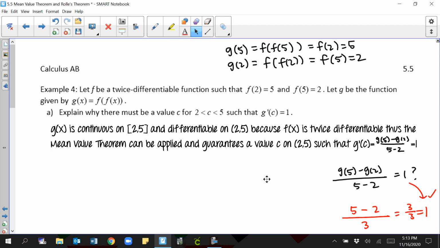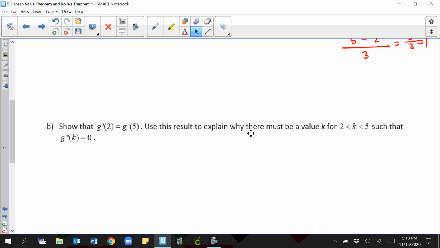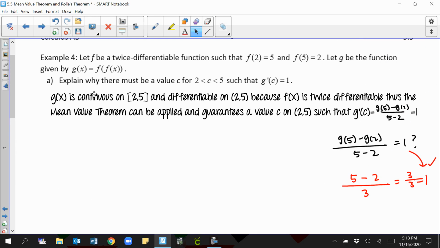So now part B says show that g prime of 2 is equal to g prime of 5, and use this result to explain why there must be a value k such that g double prime of k is equal to 0. So once again, we're starting with our mean value theorem, and it did tell us that f is twice differentiable, so that does mean that g prime is also going to be continuous and differentiable.